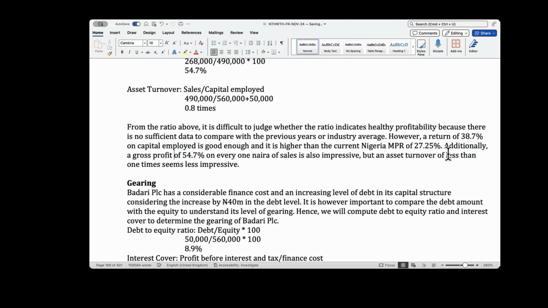But an asset turnover of less than 1 times seems less impressive, because the asset turnover is 0.8 times. This guy is not even able to turn his asset around, even once. That's less impressive.